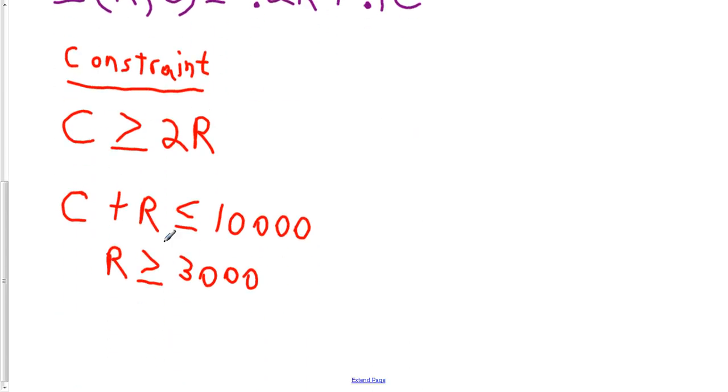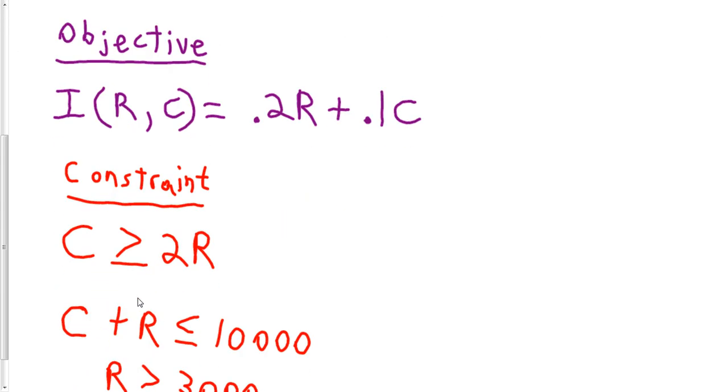So here are my constraints. The next step is to graph your constraints. Well, I have two variables, C and R. So since I have only two independent variables, I can graph them in a rectangular coordinate system like this one. I just have to choose which one of the axes I want to be the C axis and which one I want to be the R axis. Well, let's see here.